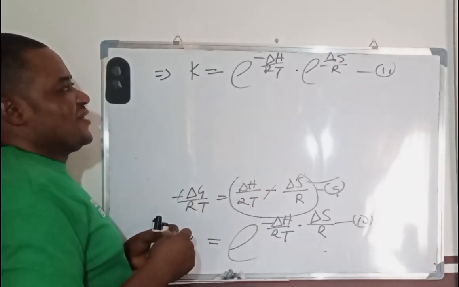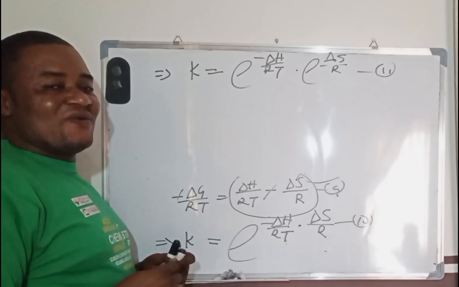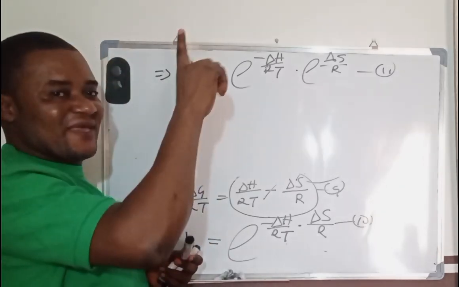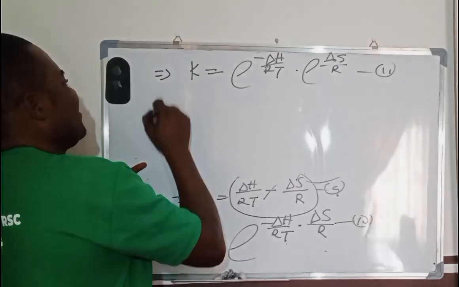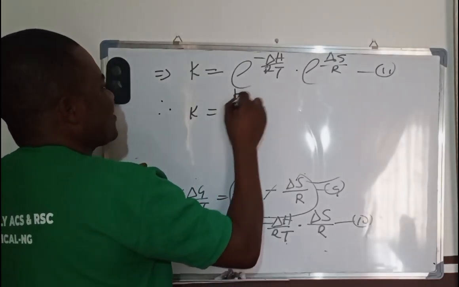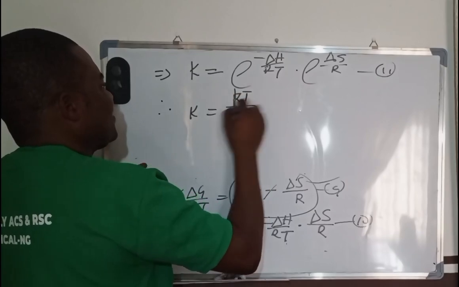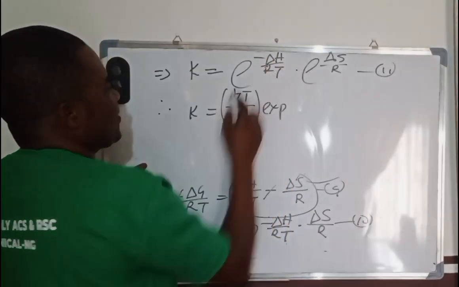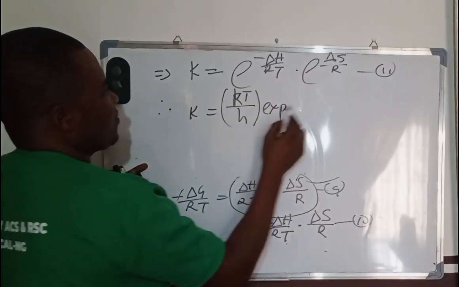Rewrite the equation in such a way that we can bring in our pre-exponential factor we started and kept earlier. So we can now say that k will be equal to the Boltzmann constant times T over h, to the exponent of this. We have removed the whole of this and replaced it with this.